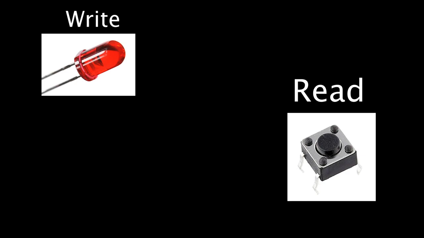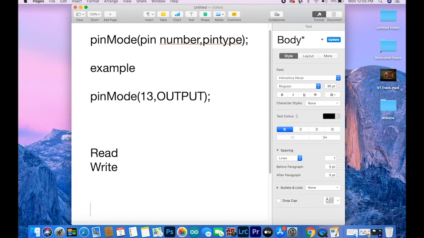Read means you have to take some signals from that sensor. So I'm using an output device, so I have to use digital write. Did you understand? If I'm taking some signals from a device, I have to use digital read. Here LED is nothing but output, so I have to write, that is, I have to give some signals to the LED.